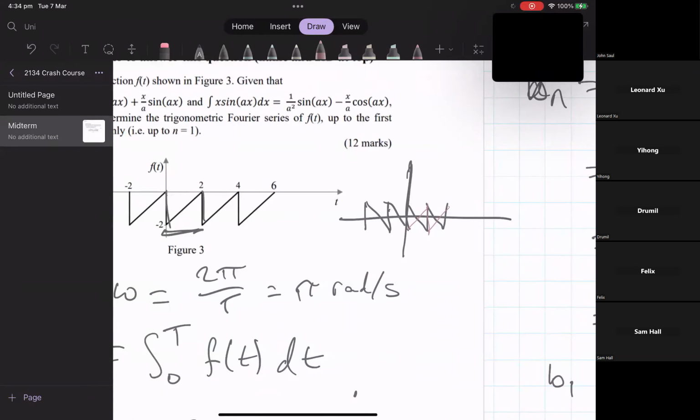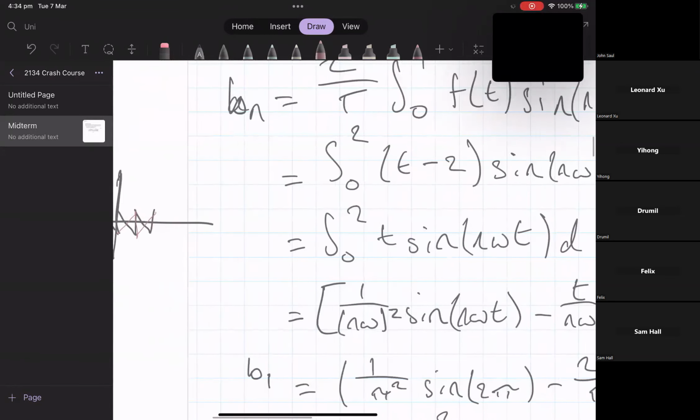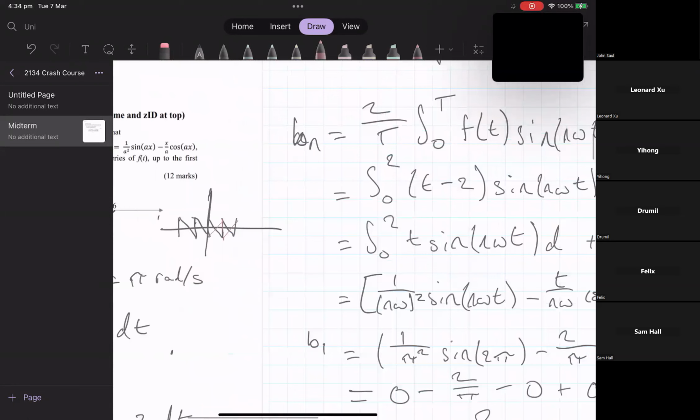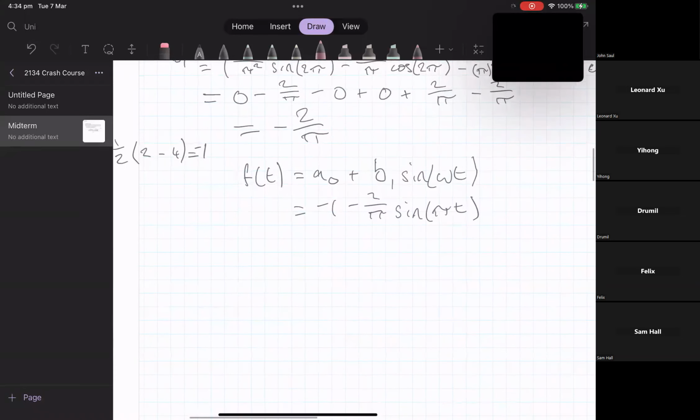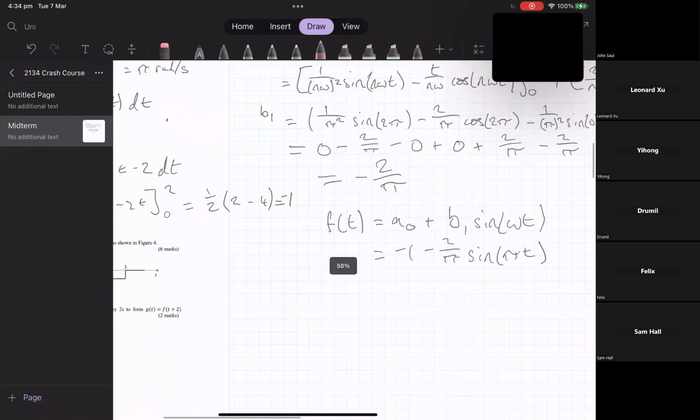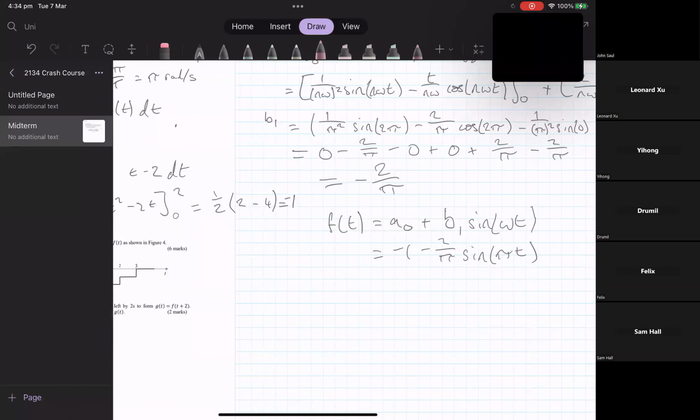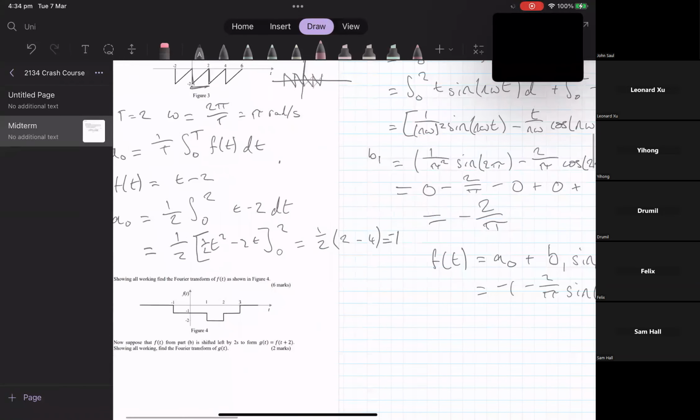So we know that it's an odd function. And since the cosines are an even function, we know that there will be no cosines present in the Fourier series. Does that make sense? Yeah, so that's just a shortcut that you can apply in the midterm to save you time.